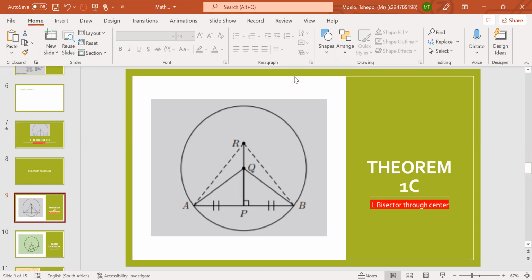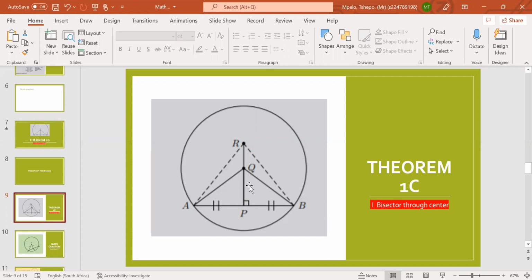Now, this one, please follow everything I say. If a line bisects the chord, and that line is from the center, we can conclude that the line is perpendicular.